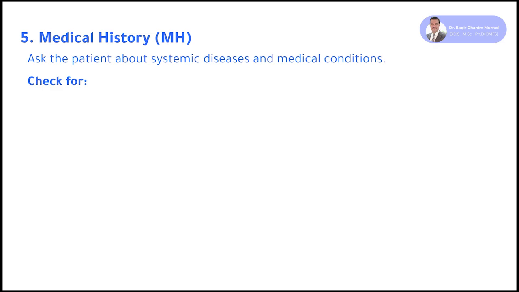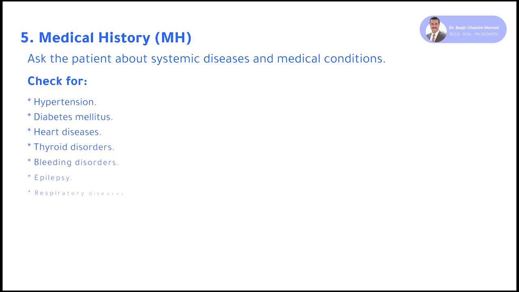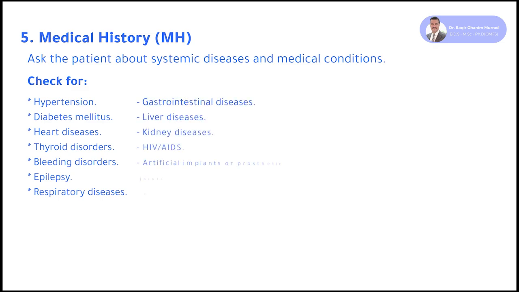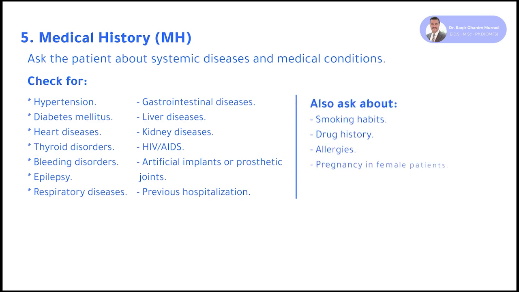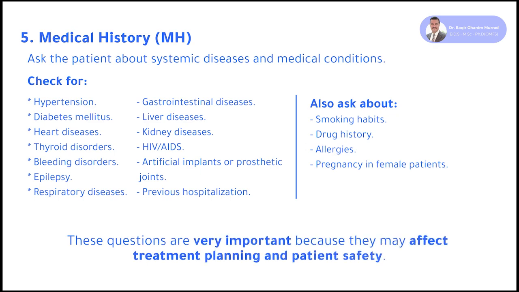Check for hypertension, diabetes mellitus, heart diseases, thyroid disorders, bleeding disorders, epilepsy, respiratory diseases, gastrointestinal diseases, liver diseases, kidney diseases, HIV, AIDS, artificial implant or prosthetic joints, previous hospitalization, and also ask about smoking habits, drug history, allergies, and pregnancy in female patients. These questions are very important because they may affect the treatment plan and patient safety.